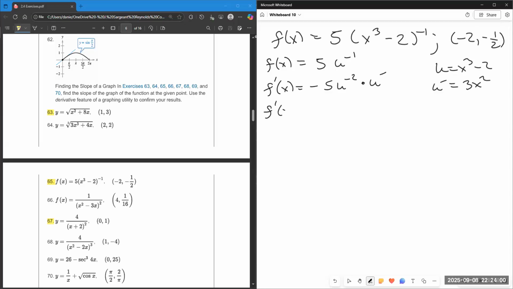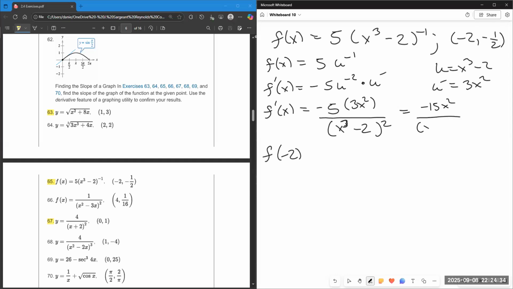So f prime of x is -5 times u prime, 3x squared, over this to the 2nd. U is x cubed minus 2. Let's go ahead and evaluate this at -2. This will be -15x squared over x cubed minus 2 squared.